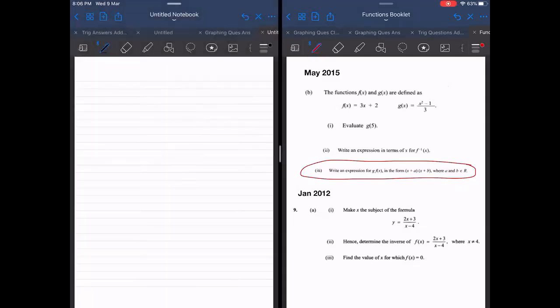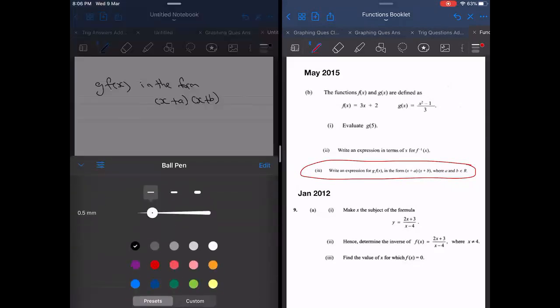Okay, so they say write an expression for g of f of x in the form (x plus a)(x plus b).